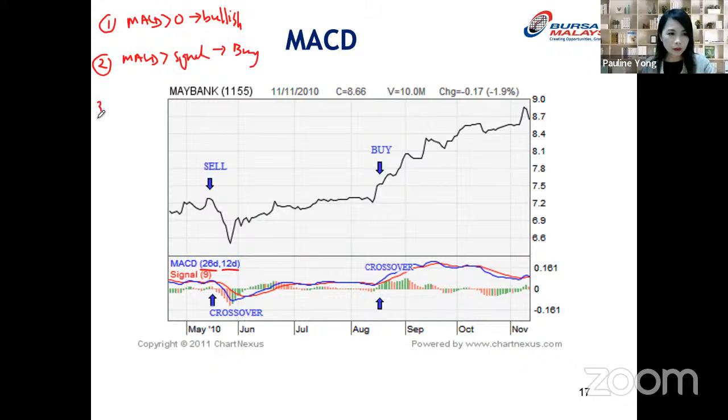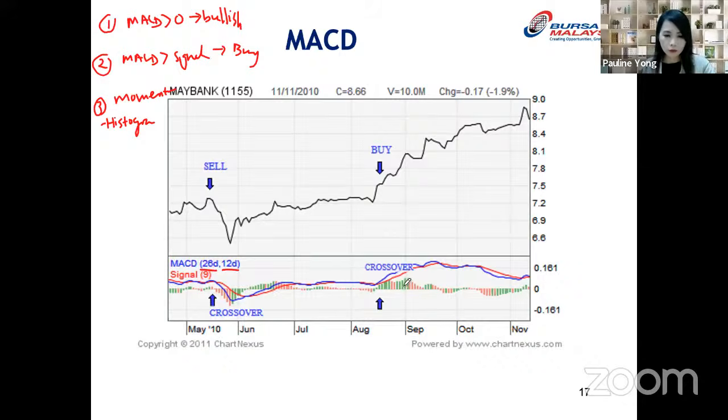Okay, then number three, overbought or oversold. This one tells you the momentum. How do you see the momentum? By looking at the histogram. Whenever you have a tall histogram, there is momentum there.